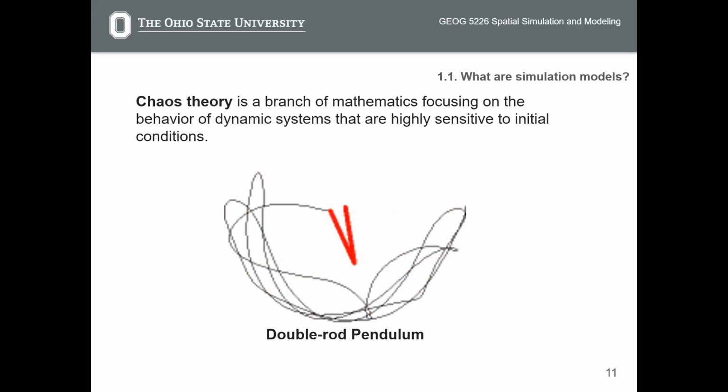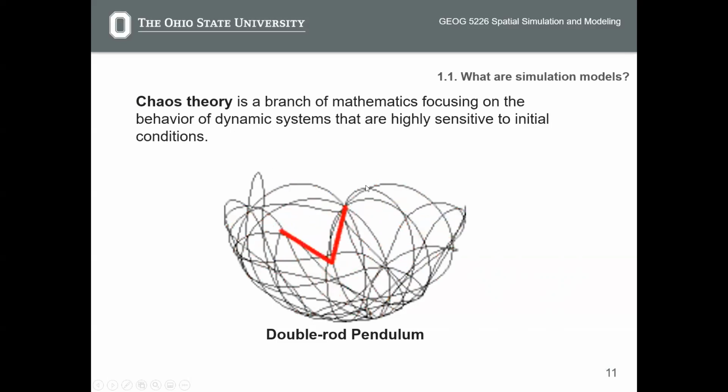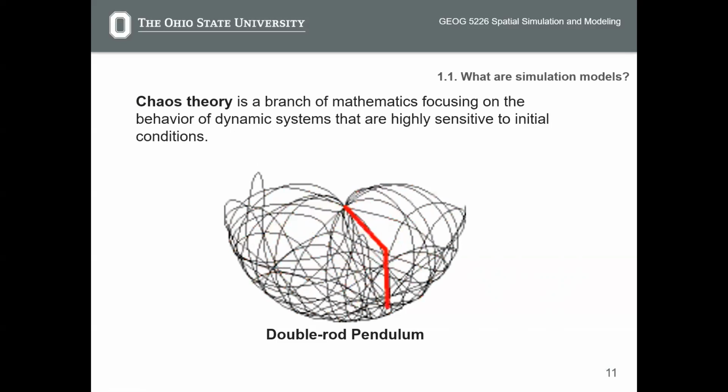Which means that if you want to create a model to address the trajectory portrayed by this gray line in this GIF, that model will be extremely complex, almost impossible to create. Okay.